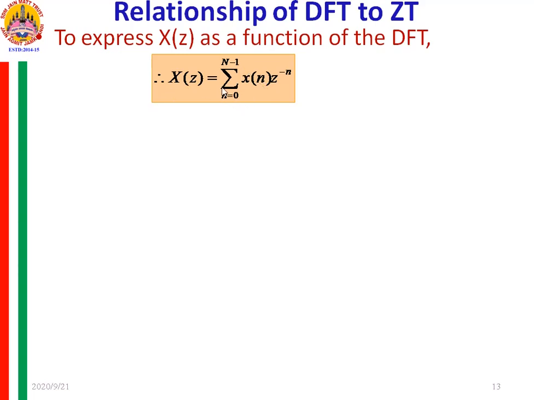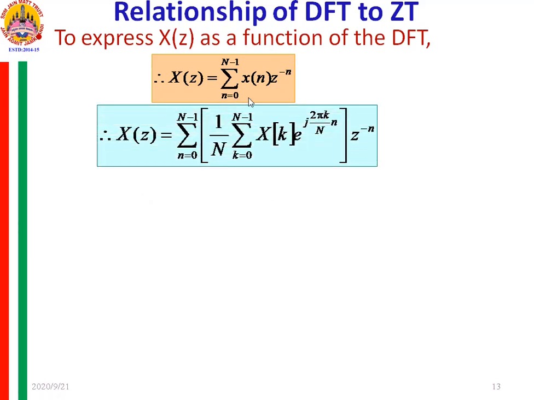So X(z) becomes summation n from 0 to N minus 1 x[n] into z raised to minus n. I am assuming that x[n] is a finite duration sequence existing from 0 to N minus 1. At that time its z transform X(z) is equal to summation n from 0 to N minus 1 x[n] into z raised to minus n.